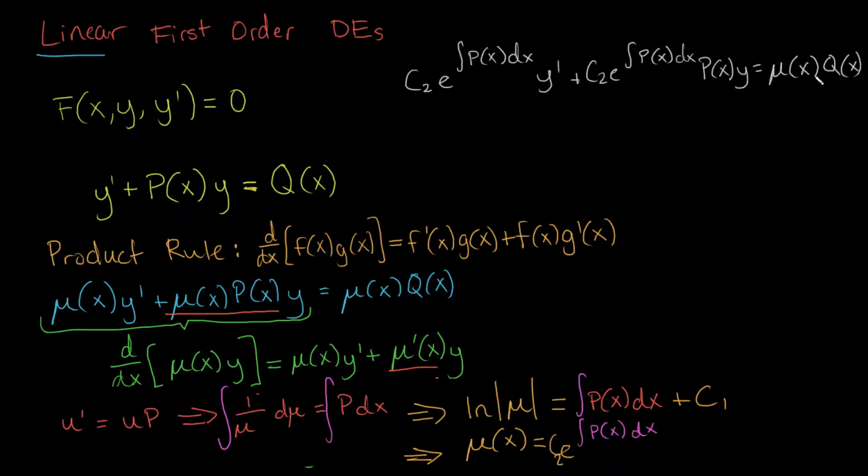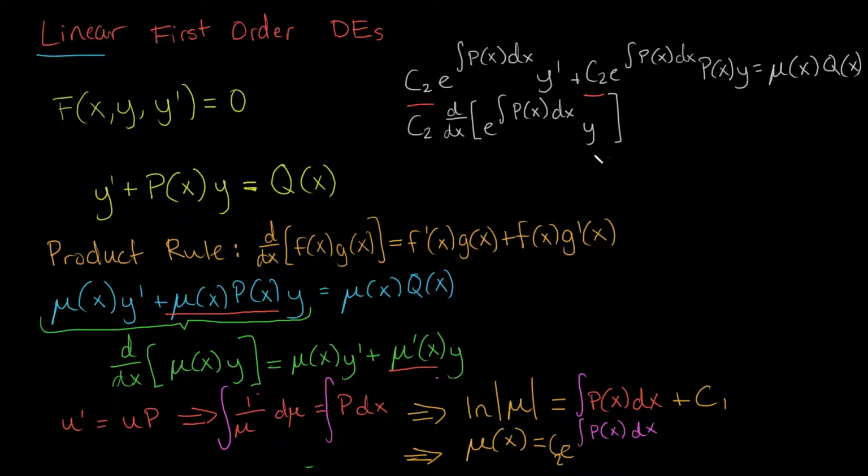Now, notice what's happening here. We have this first c2 and this second c2. If we felt like it, which we do, we can just factor this out to get c2 times the derivative of e to the integral of p of x dx y.